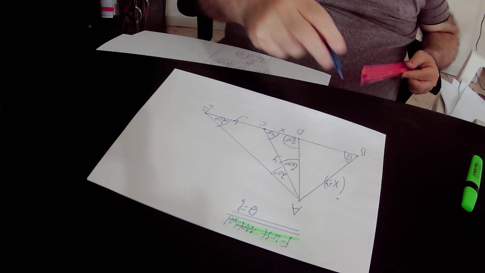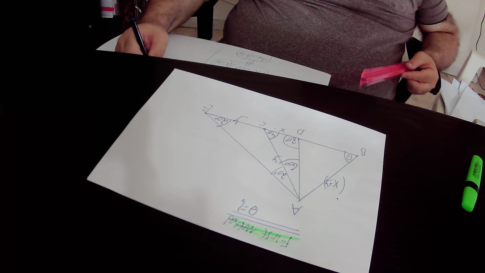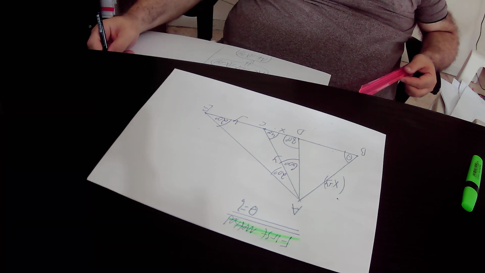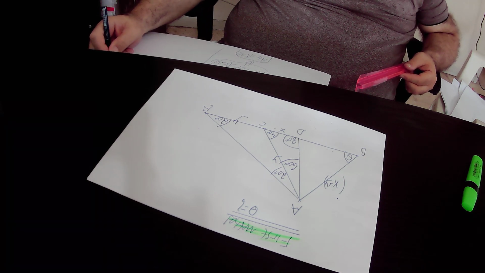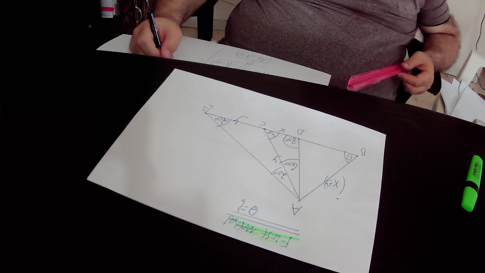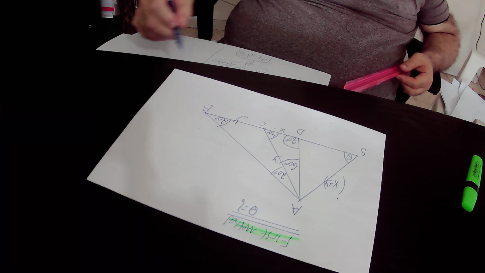Side AB equals x plus y according to what is given as the equation. We just found out that side AE also equals x plus y. Angle ABE equals theta. And we found out that angle AEB equals 20 degrees.